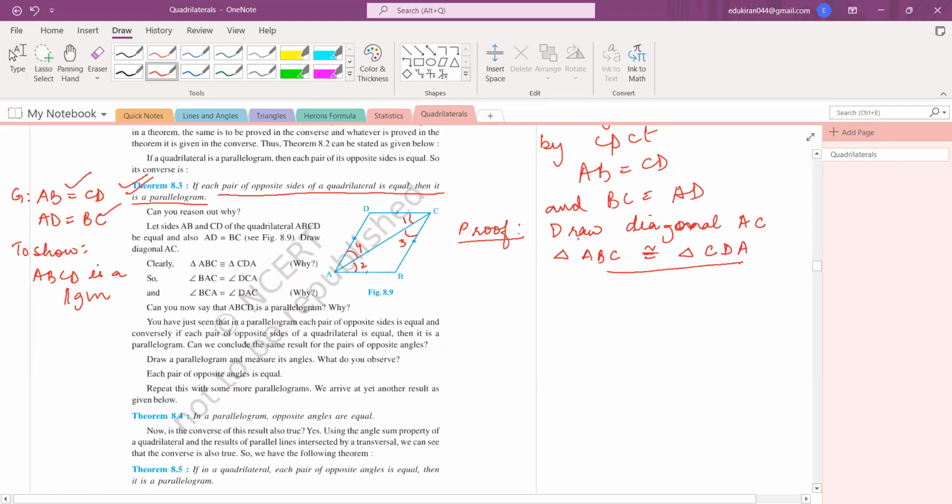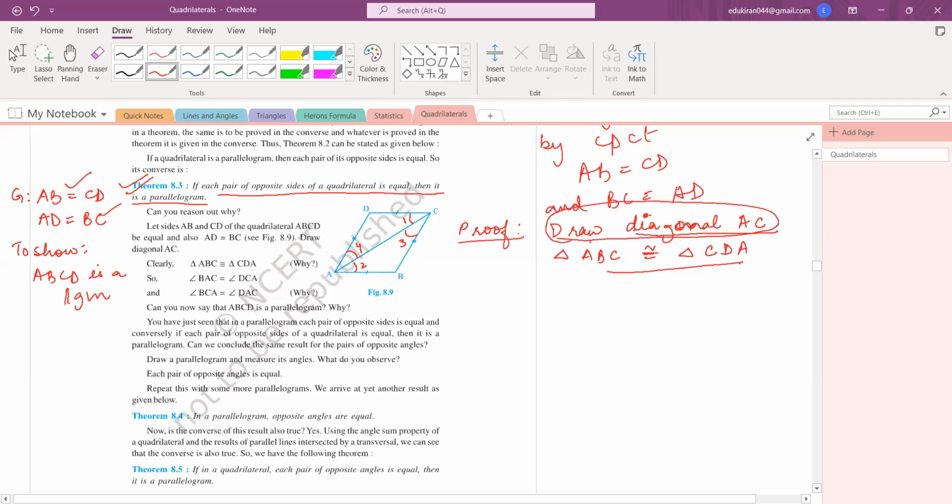Now I have drawn... theorem number 1, not the second one. 8.1. We have just proved that the diagonal divides a parallelogram into two congruent triangles. Yes? I'm writing a very important thing, that draw diagonal AC.